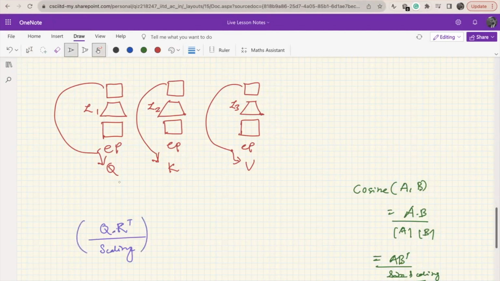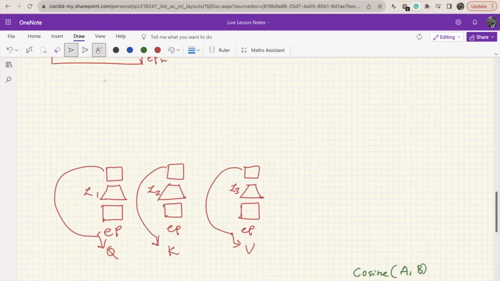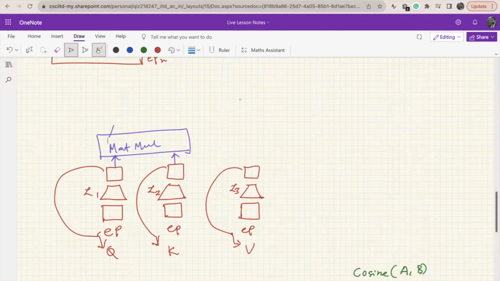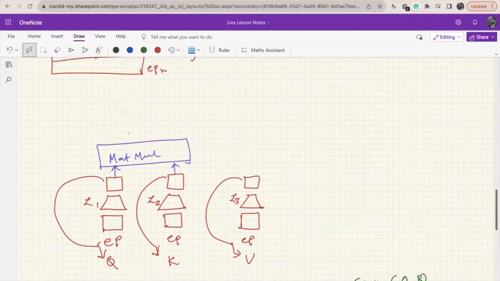This is done by passing this to a block that is called matmul, matrix multiplication. Matmul gives the highest attention score. Then you pass it to scaling.